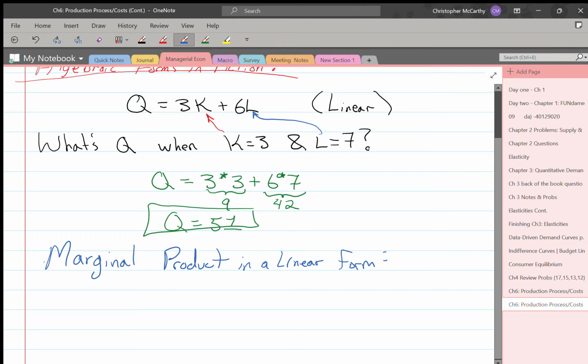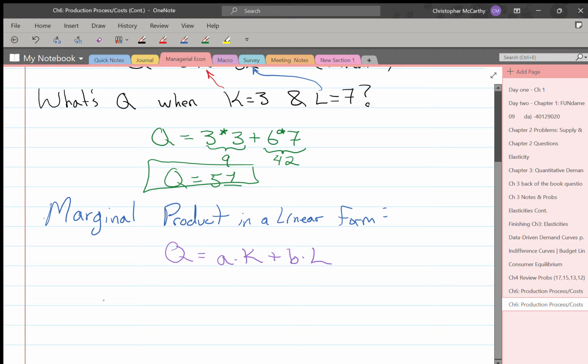So let's just do a generic example here. Q is equal to A times K plus B times L. In this example, we'd have a marginal product of capital of A and a marginal product of labor of B.